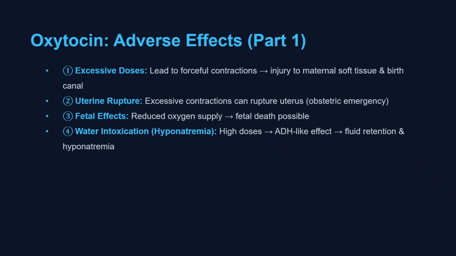So oxytocin adverse effects. First thing is excessive dose. If you give an excessive dose, the contractions increase, so the baby is forced toward the birth canal very forcefully. This leads to maternal soft tissue rupture injury, which is dangerous to the mother.